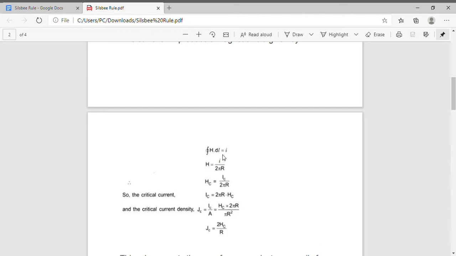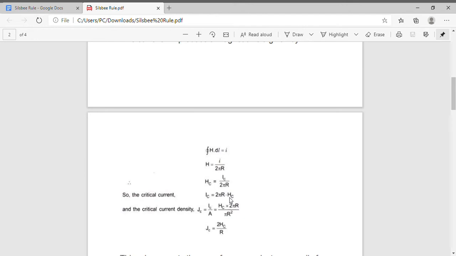Since at I equal to Ic superconductivity is destroyed, the value of H will be equal to the critical magnetic field, since this also denotes the value at which superconductivity is destroyed. So instead of H and I, I am taking Hc and Ic. So my expression becomes this. From here we can easily determine the value of critical current. Critical current Ic will be 2 pi r Hc.